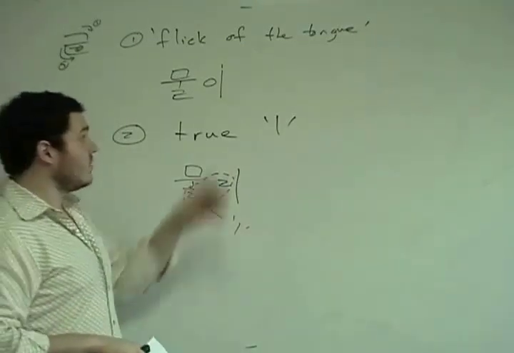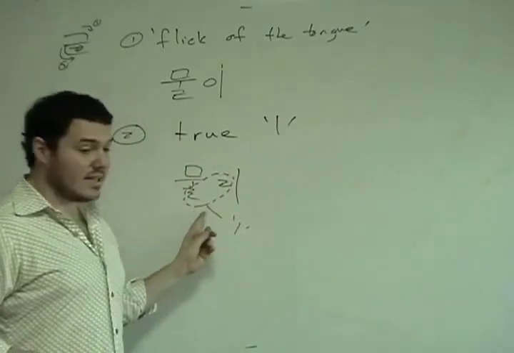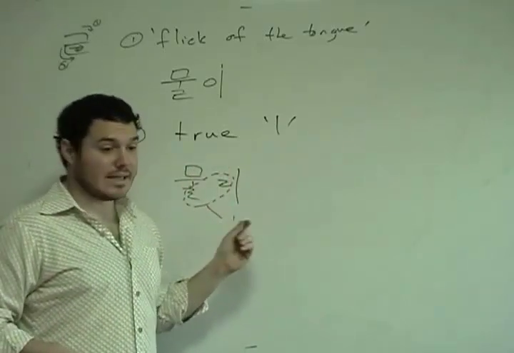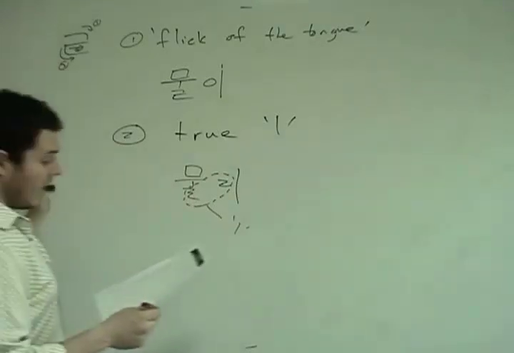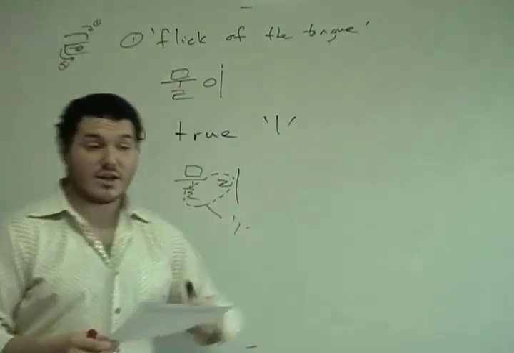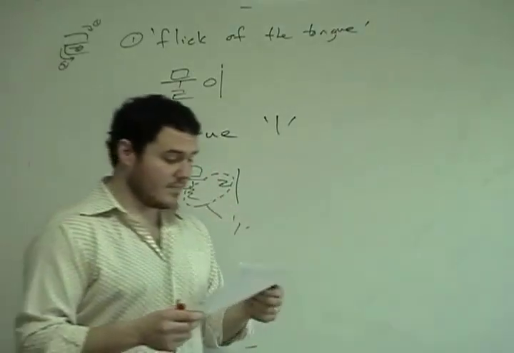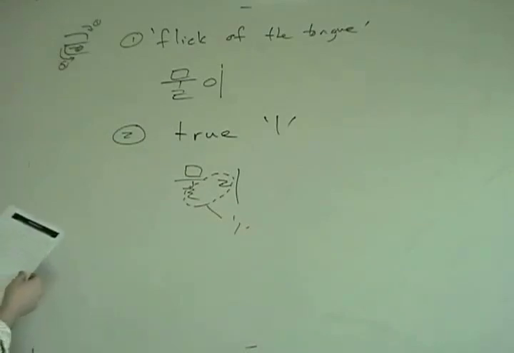So where this one was muri with the flick, this one is muli, a true L. Every time we see this during our readings, I'll make sure we point it out and practice it. The next one.